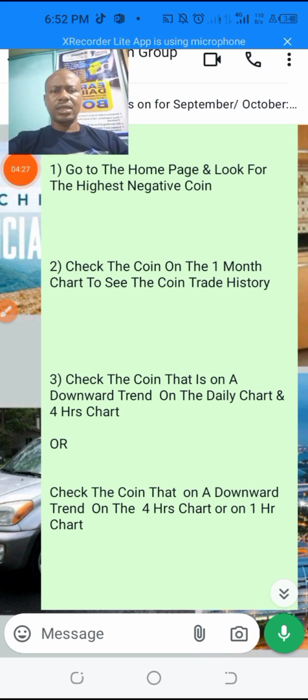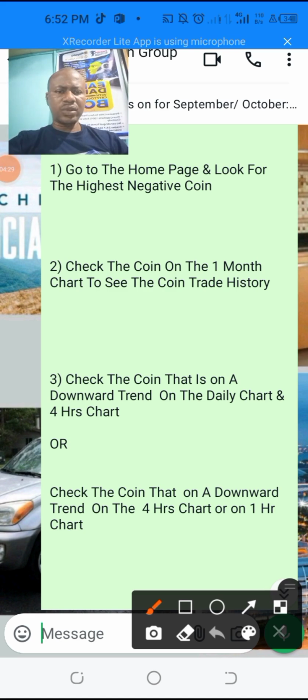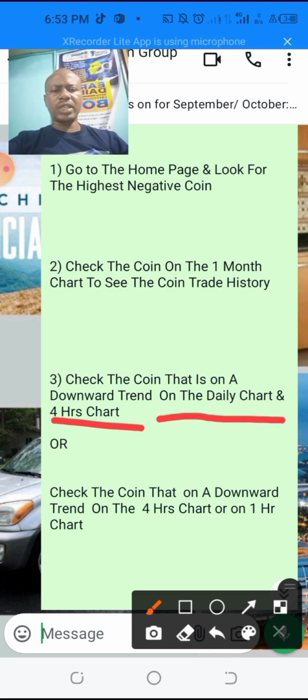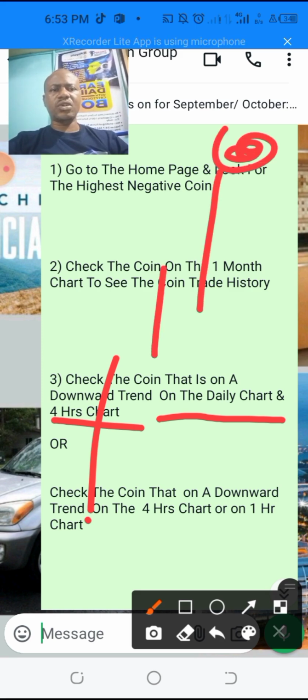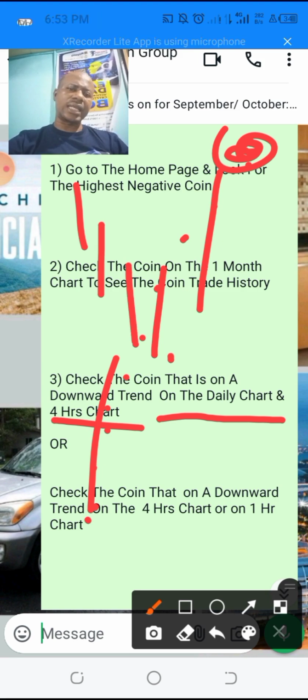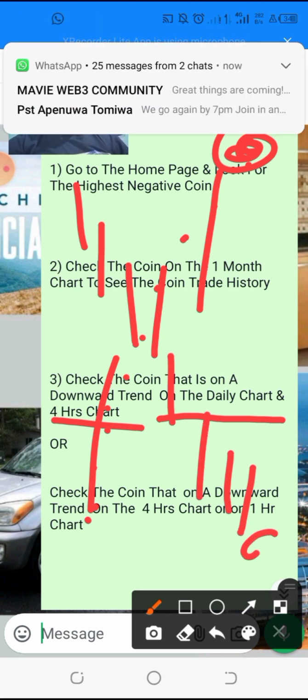Because as I was showing before, a coin that has already gone up like this, you don't want to enter from the top, because buyers have pushed the coin up. I want to enter a coin when the candles are down like this. So I'll enter from down, then ride it up.